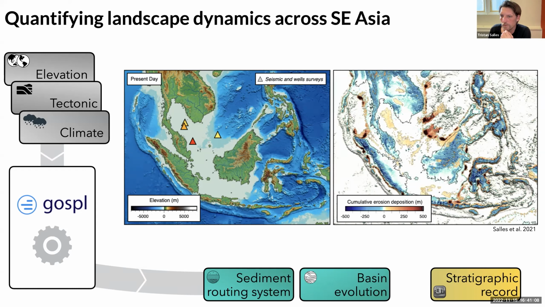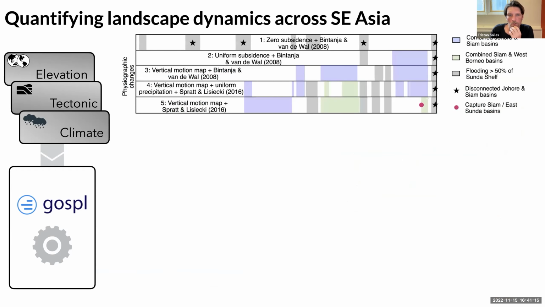Once you are confident with the output of your model, you can move to the second step of the talk. Of course, here we haven't just run one simulation, we are testing different things. We are running a model with no subsidence and a specific sea level curve, one with uniform rainfall and a specific sea level curve, and one with different conditions of tectonics, so uplift and subsidence, different types of sea level, and different types of precipitation.